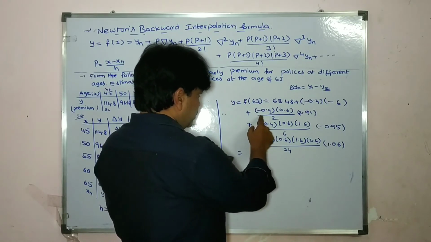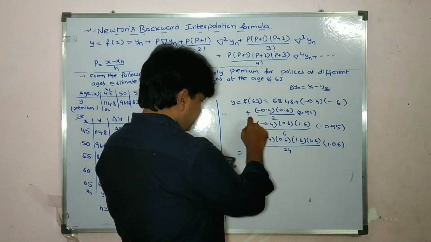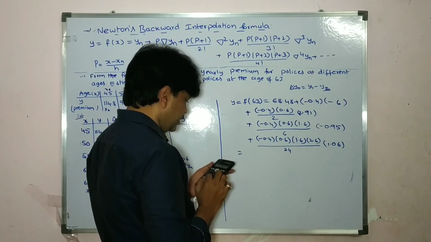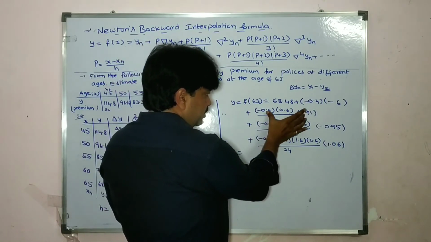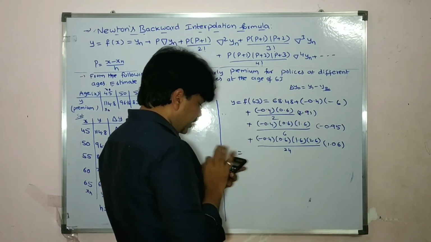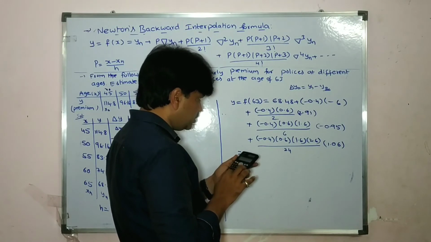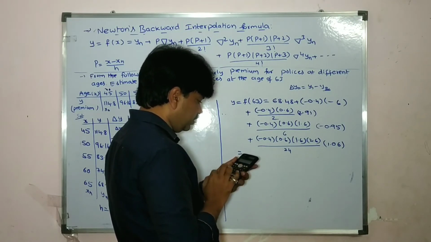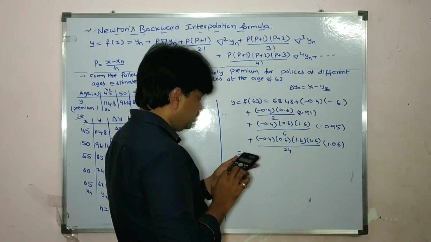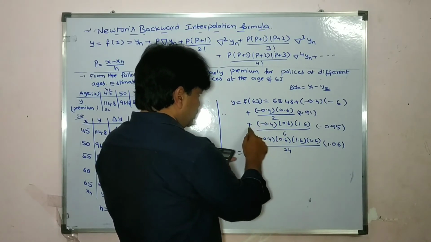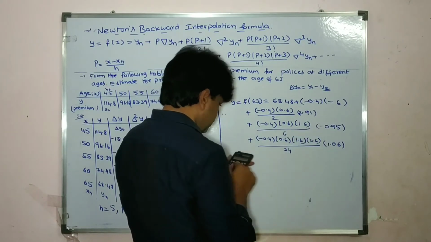You write these terms in a bracket: 0.4 into 0.6 into 2.91, bracket close, divided by 2. Minus into minus plus, so plus.